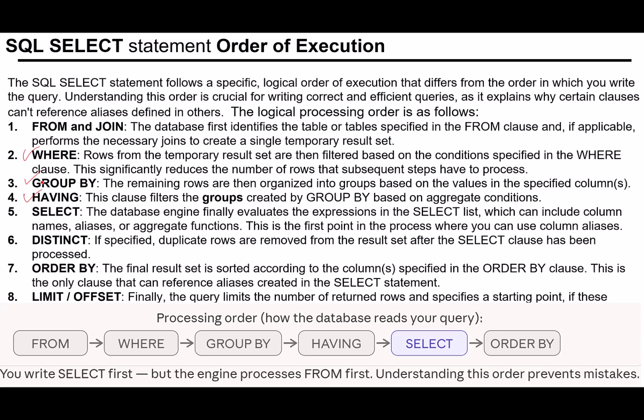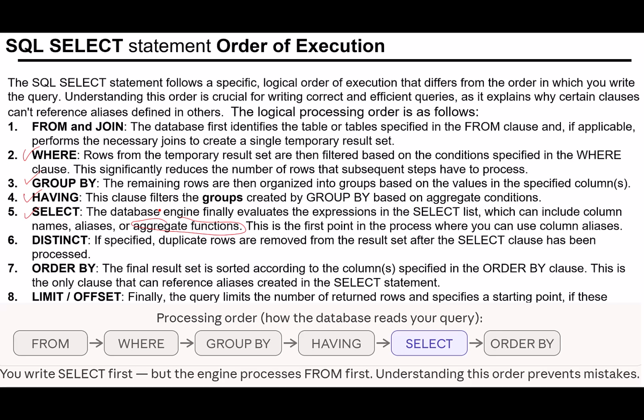And then you will select what column you would like to see, and what aggregate function you would like to apply to certain column. And if you do have group by, then the column that you selected has to be in the group by clause, and then the aggregate function can apply to other column if you wish. Distinct.